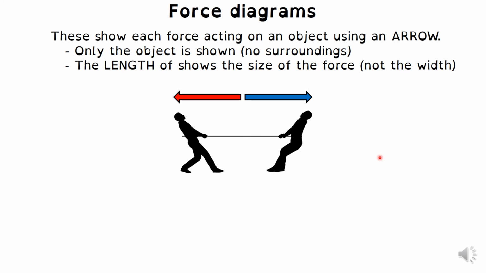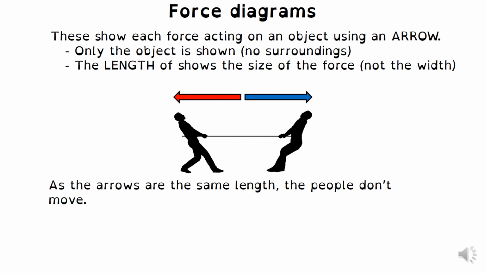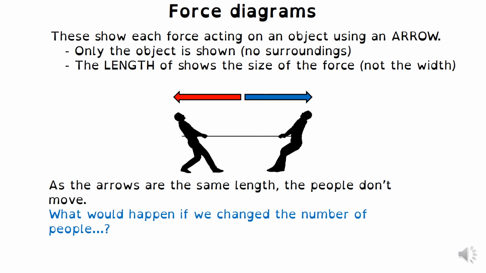The blue arrow is for this guy on the right-hand side who's pulling to the right, and then we have this person on the left, they are pulling to the left with the red arrow. Now these are both the same size, I can guarantee that. I copied and pasted them and just flipped one. So we've got these equal forces, and as the arrows are the same length, the people don't move. If they weren't moving at the beginning, they won't move when they start pulling with equal force.